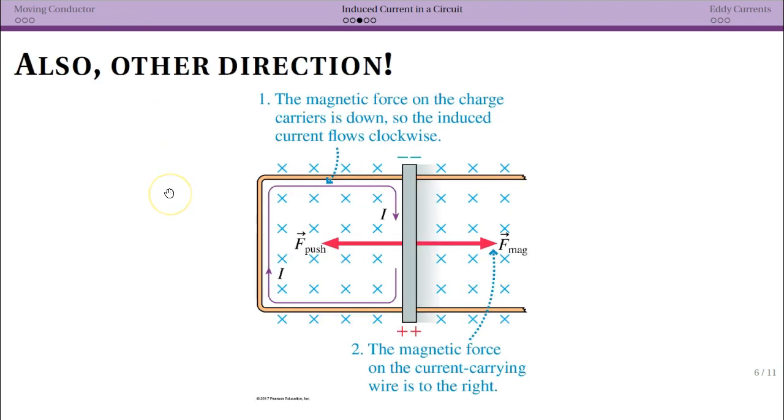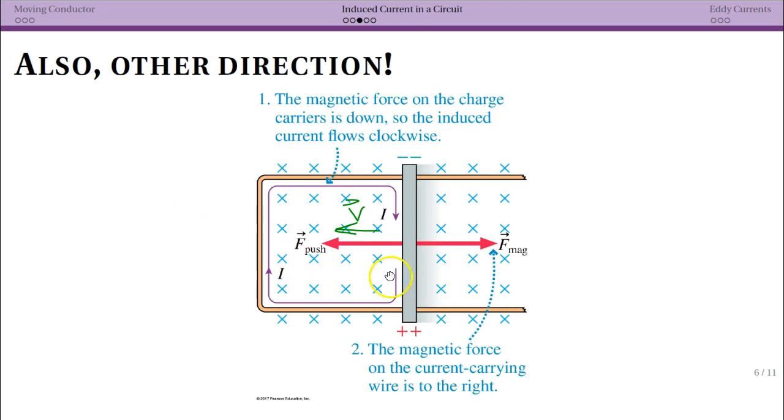Now, one thing I want to mention is you might think, oh, it will slide back the other way if I let it go, nice and simple. Interestingly, the force from the magnetic field always opposes the motion. So imagine instead that we're pushing it, so that would be a velocity this way, to the left.